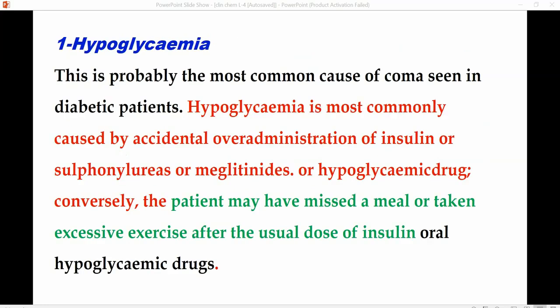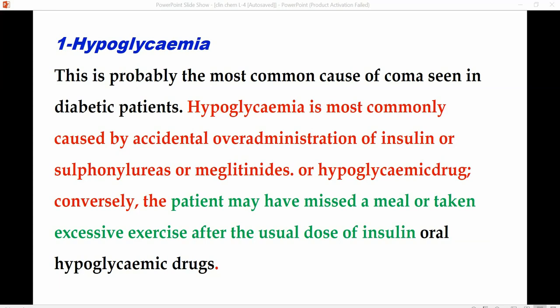Among the important acute complications of diabetes is hypoglycemia, which represents the most serious complication, caused mainly by accidental over-administration of any of the treatment used by the patient, such as insulin or the oral hypoglycemic agents.